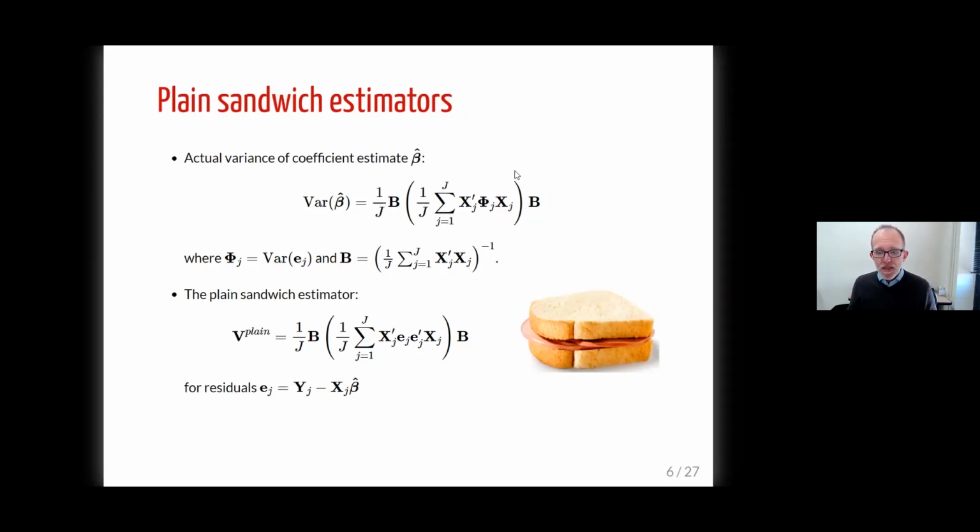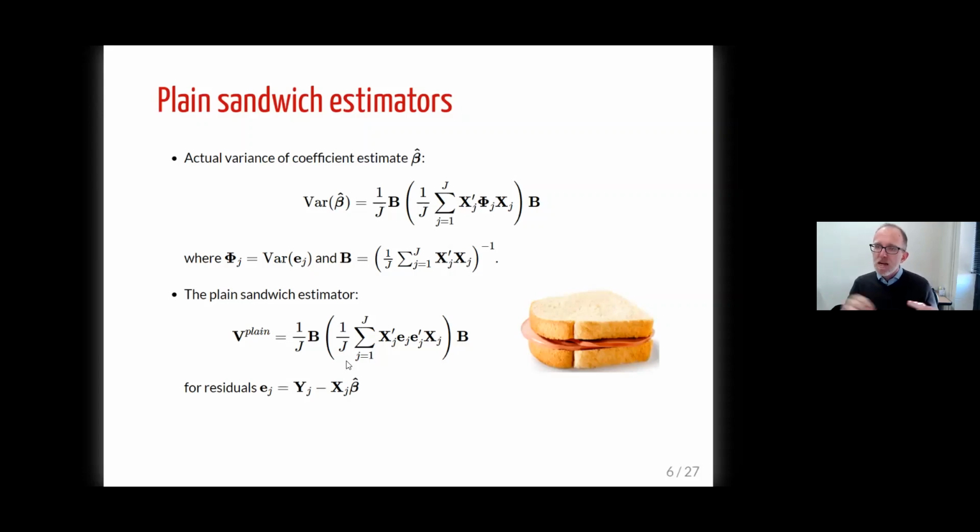But the argument of the sandwich estimator goes, if you look at the formula on the bottom here, this is an average across a bunch of clusters, right? So we're taking a sum of some stuff and then dividing by the number of clusters.